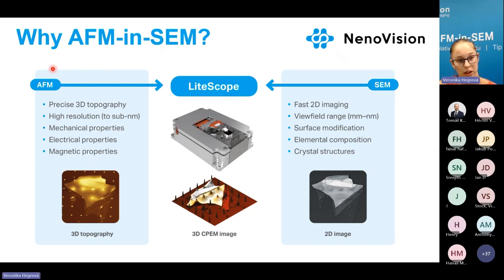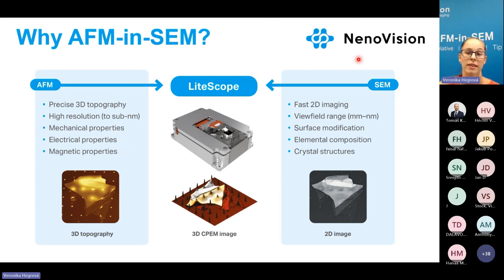Because each of these technologies use different principles, that's why it's great to have it together, and it's complementary. So in case of AFM, we measure with a probe, physical probe. So we basically almost touch the surface, and we are able to acquire precise 3D topography with mechanical properties, electrical properties, magnetic properties. Basically depends only on the probe which we use.